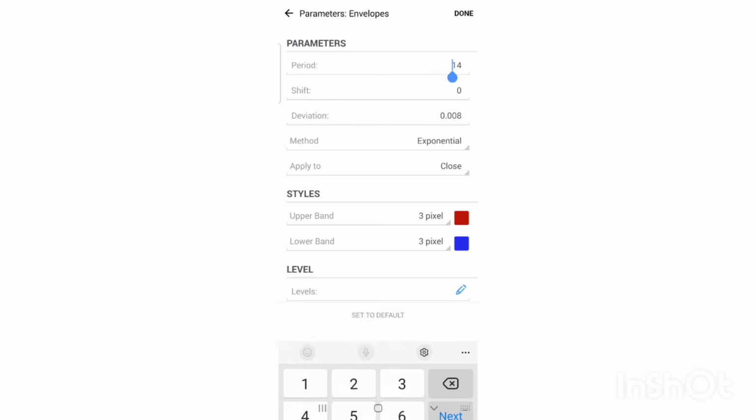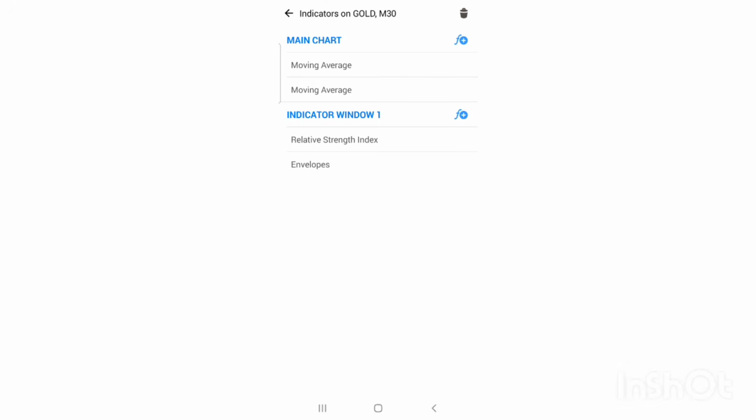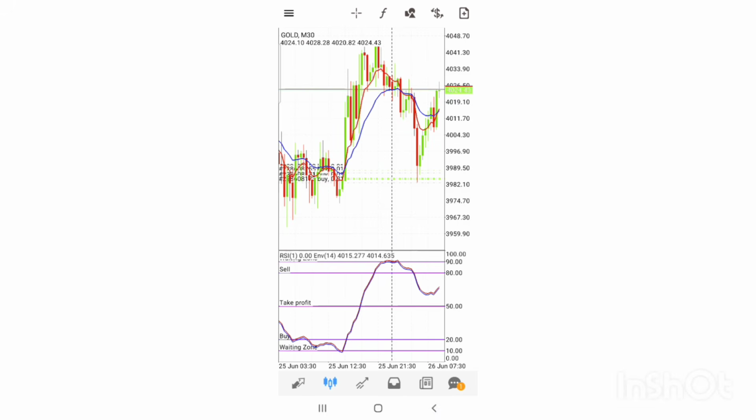Here on envelope, we are using period 14, shift 0, deviation is 0.008, and method is exponential. Apply to close. Upper band is 3 pips, color of your choice, and lower band is 3 pips, color of your choice, and then you can click on done.